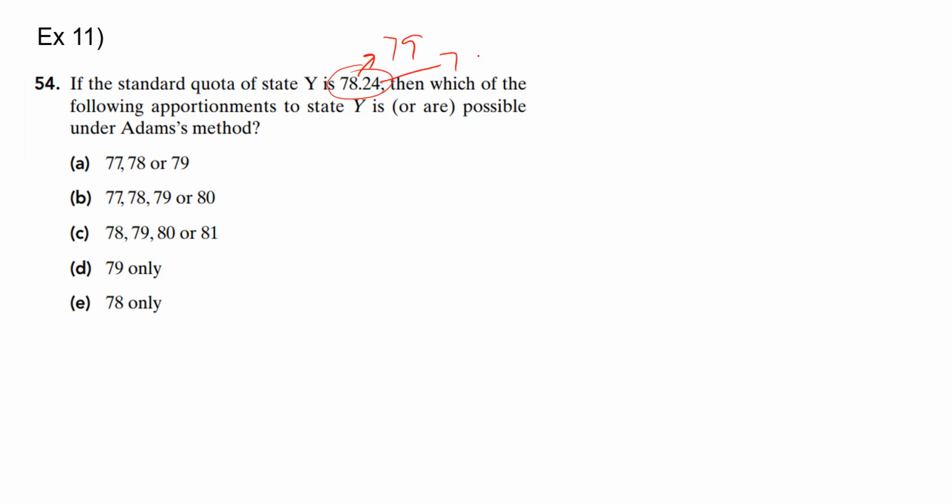The lower limit is going to be 78, and under Adams' rule, you could violate the lower limit, so then you also can have a 77 on your hands. So the answer is A, are we good? Just based upon the rule that it could violate from time to time. Okay, everybody okay with that one?